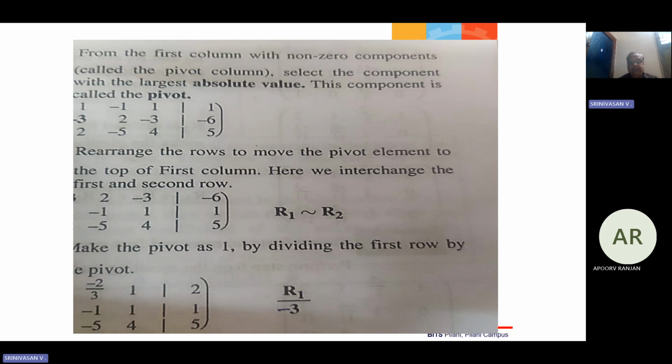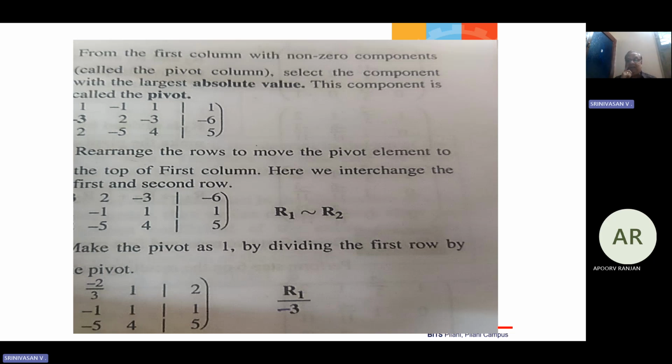Interchange R1 and R3. If I put a two-way arrow mark, it means interchanging. So the first row is now the row with 3, 2, -3, -6, just brought forward to the first row, and the first column element is the largest of the first column.